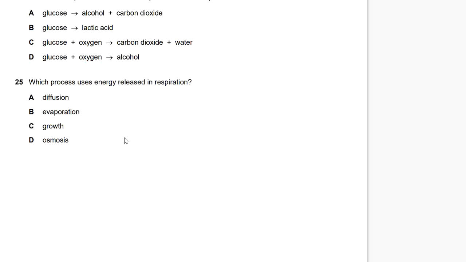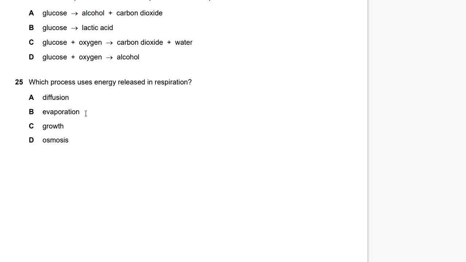Which process uses energy released in respiration? So we have here diffusion. Diffusion is the movement from a higher concentration to a lower concentration. So it's not the process that is being asked.